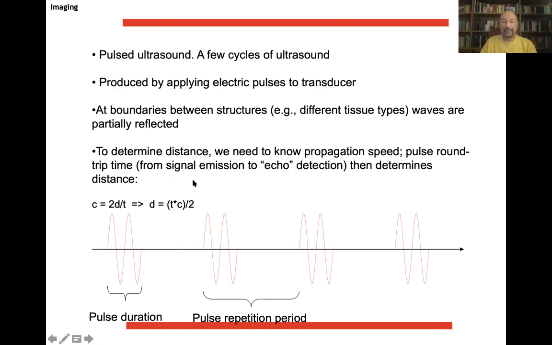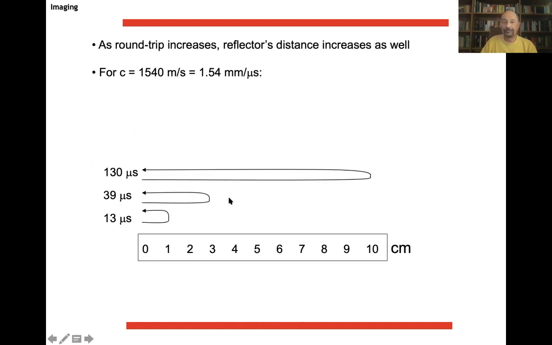To determine the distance, we use the normal formula where the velocity is 2d divided by t, where d is the propagation distance and t is the time, and 2 because you have the signal arriving and the echo coming back. Then you can calculate the distance using simply this formula. As the round trip time increases, the reflector distance increases as well.